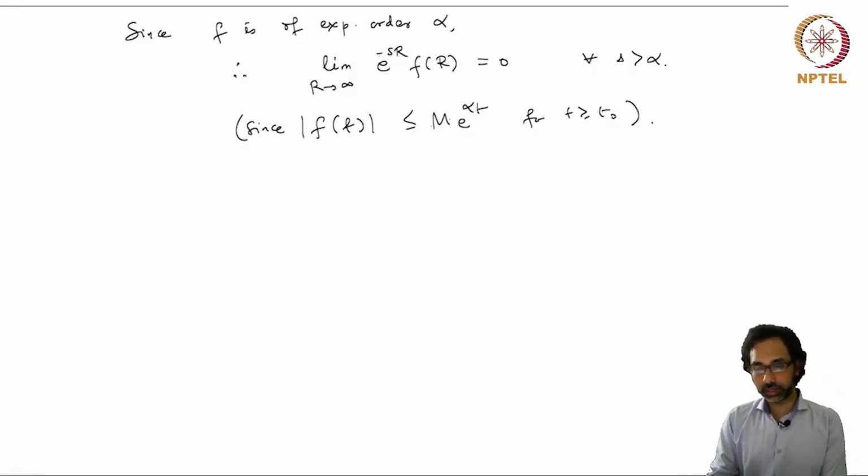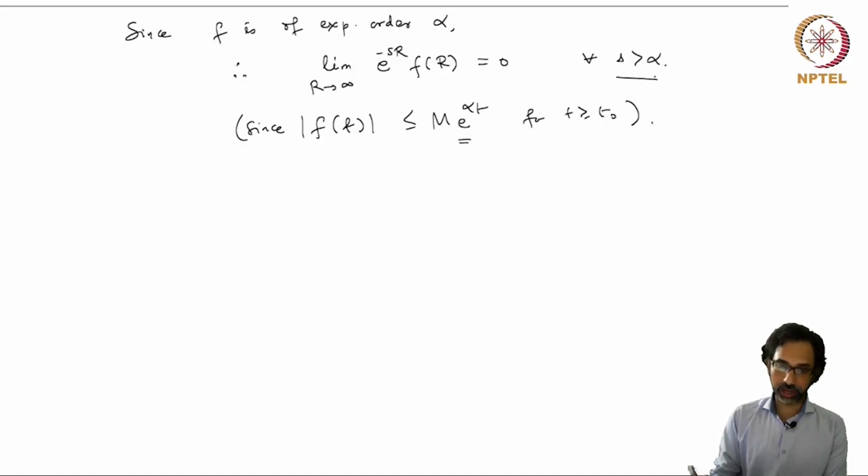So one can easily see that mod of f(R) is less than or equal to e to the power alpha R, and so we will get the limit goes to 0 for s greater than alpha.